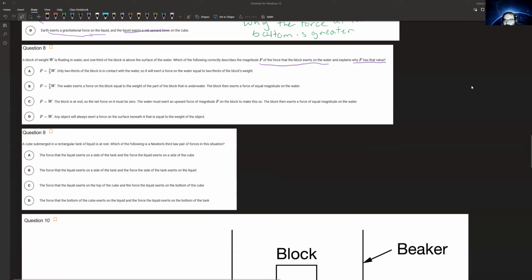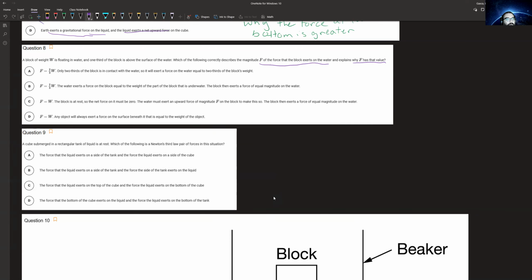All righty. So we are at an impasse, 50-50 between B and C, because we've learned that if an object floats with some height above water, we can get a ratio of the densities. But here they are asking specifically for the force that the block exerts on the water.